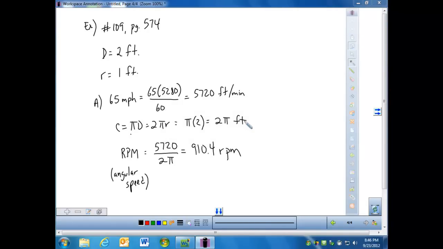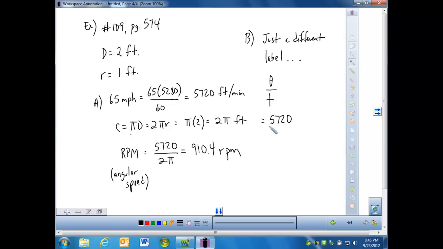Alright, so now we're going to move on to the next question. Next question is just find the angular speed in radians per minute. And really, this is just a different label for this problem. If we know what the angular speed is in revolutions per minute, how many radians do you have in one revolution? That'd be 2 pi, right?